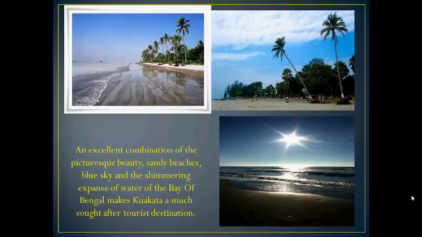Here is in our text, an excellent combination of the picturesque beauty, sandy beaches, blue sky, and the shimmering expanse of water of the Bay of Bengal makes Kuakata a must sought after tourist destination. Again I say, please find out the complicated words from your text and try to know the actual meaning of the sentences and find out the parts of speech and try to solve. So now let's see in another slide.